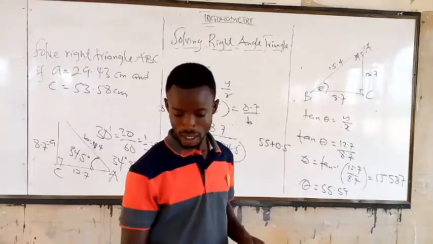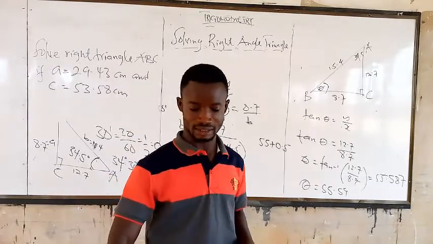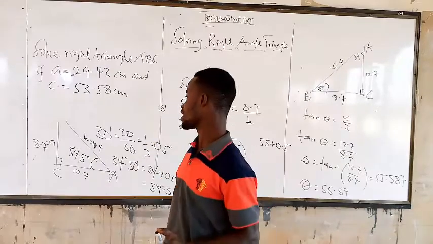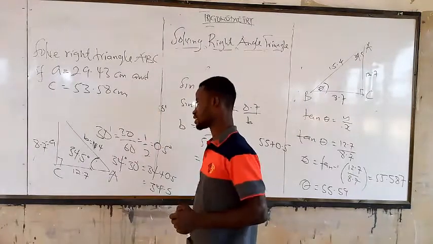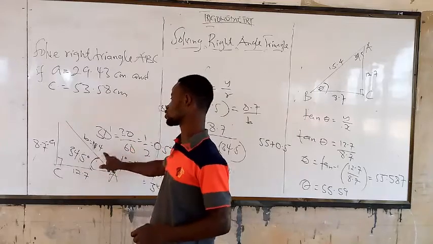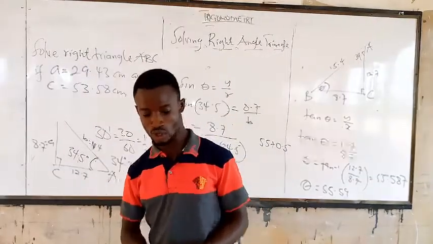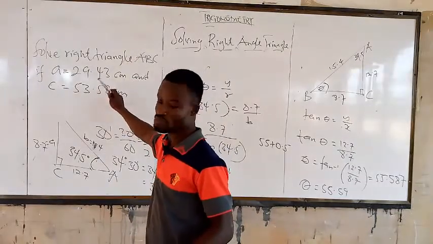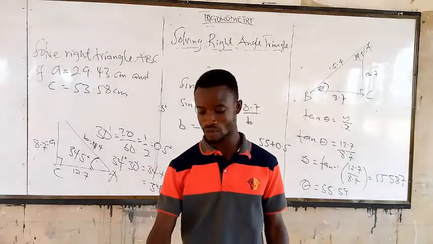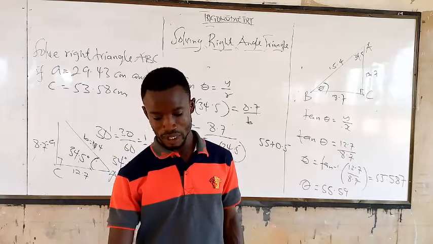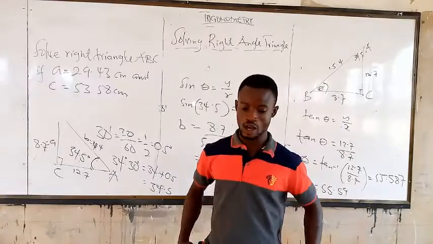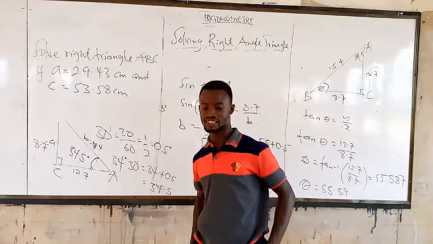Even for the side left, you can use Pythagoras theorem to get it. After getting this and this, you can use Pythagoras theorem to get this one. When you solve for the other side, which is b, you get 44.77 centimeters. So write it so that you work towards it. And the angle B is going to give you 56.68 degrees.